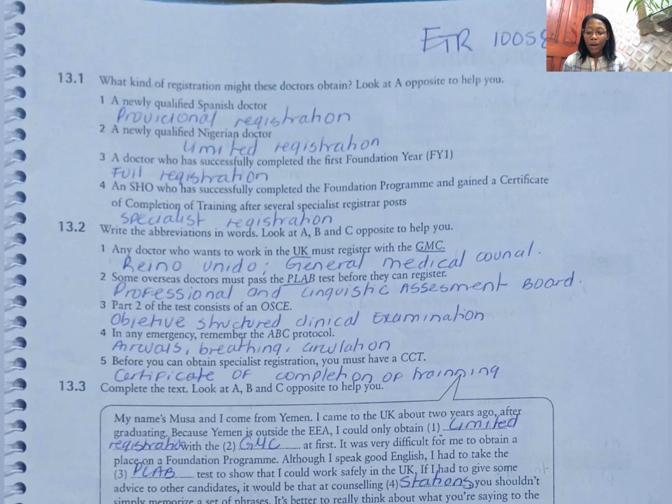A doctor who has successfully completed the first foundation year gets full registration. 4. An FY2 who has successfully completed the foundation program and gained a certificate of completion of training after several specialist registrar posts gets specialist registration.